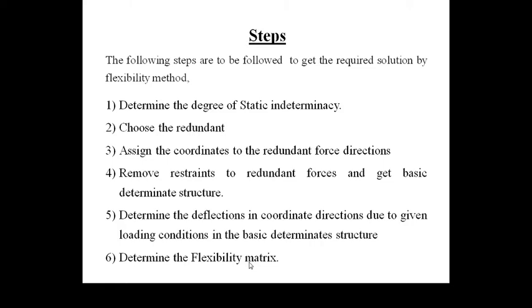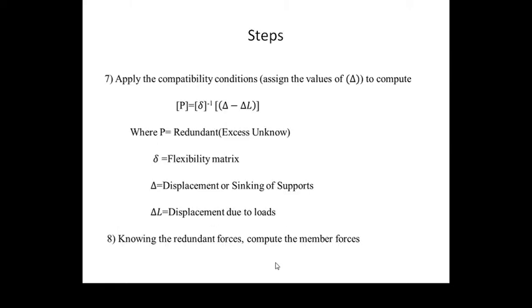Then apply the compatibility equation, that is assigning the value of delta. If sinking of support is given, this delta exists, otherwise this delta is 0. To compute, P is equal to small delta inverse of (delta minus delta L), where P is the redundant, that is the excessive unknown present in your frame, beams or trusses.